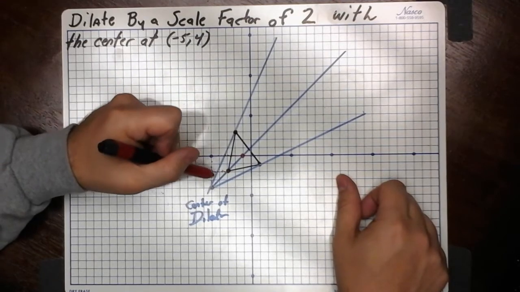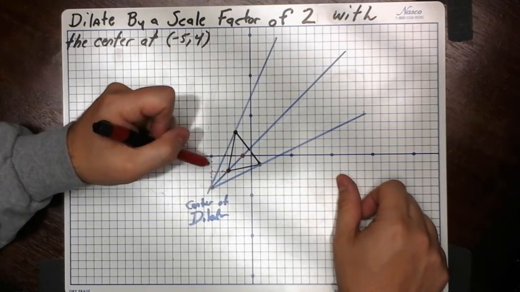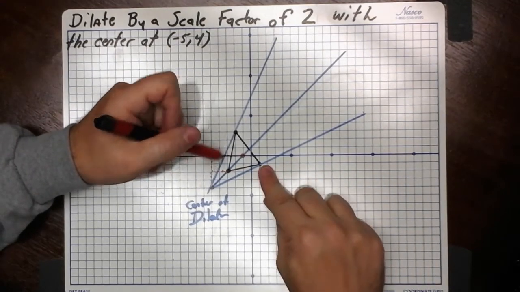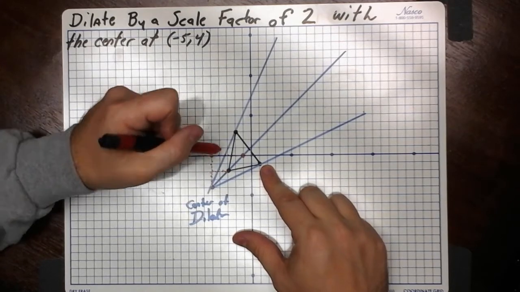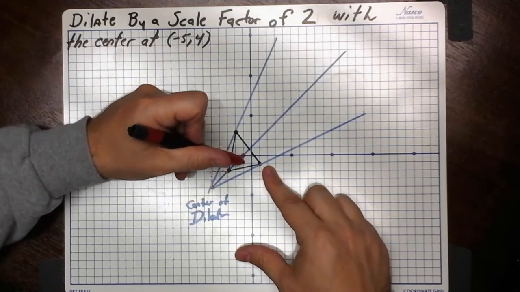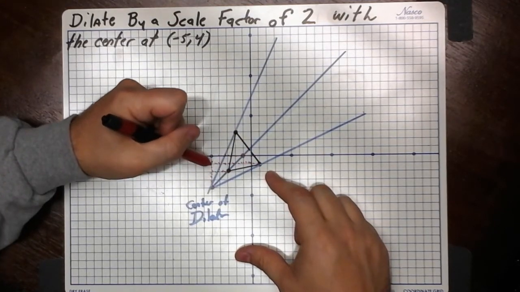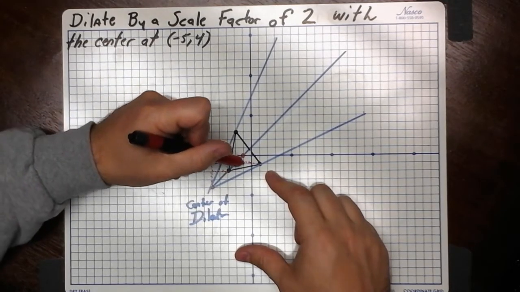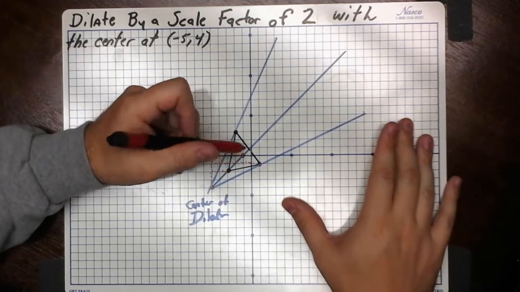I'm going to do that here. Let me do this one next. I'm going to rise 3, 1, 2, 3, then run 1, 2, 3, 4, 5, 6. Okay, it does require careful counting.